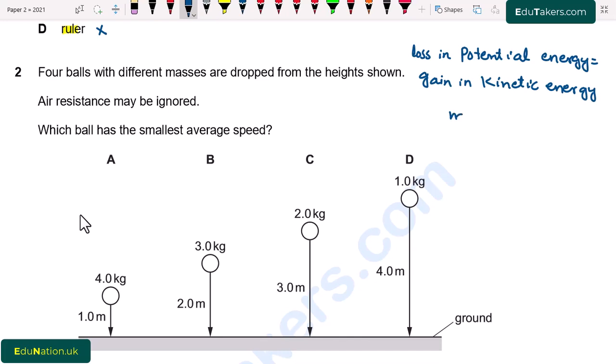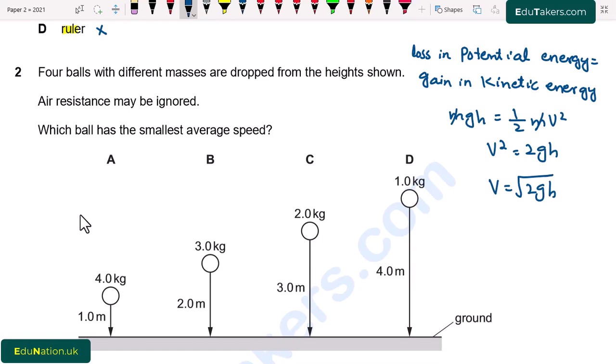Potential energy is mgh and kinetic energy is half mv square. So this m cancels by this and v square will be equal to 2gh, where v is equal to square root 2gh. This is the formula for calculating the speed.